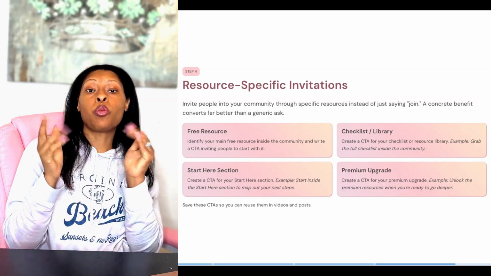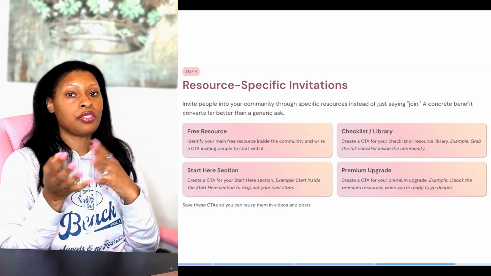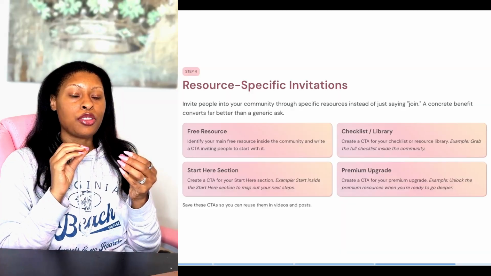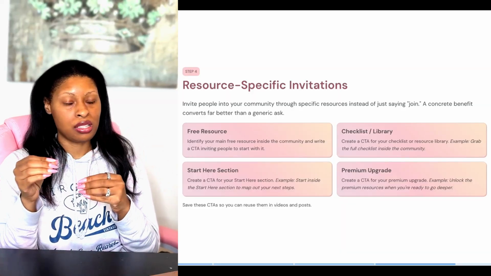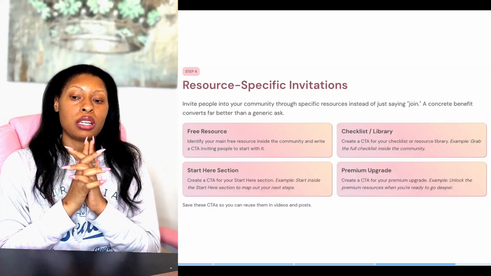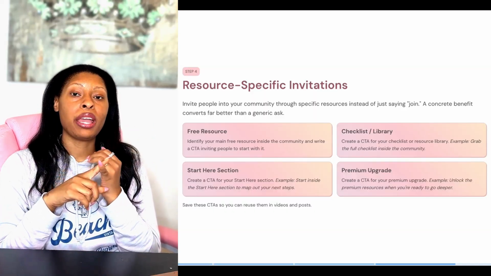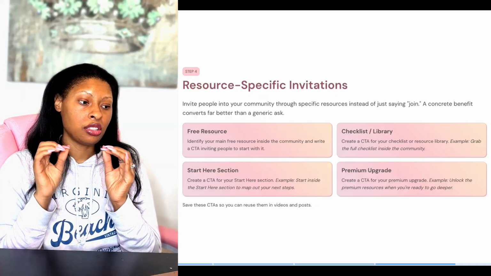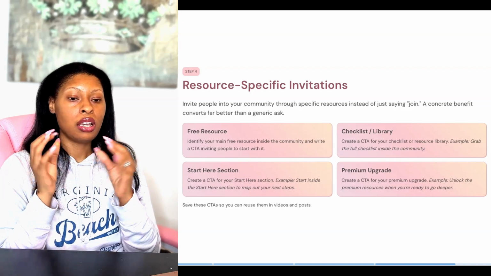But because we know what it is, we know to be better and more effective at how we speak about our community and the resources, courses, events, etc. that we have inside. So first is your free resources. Identify your main free resources inside of your community and then write the call to action inviting people to start with that.